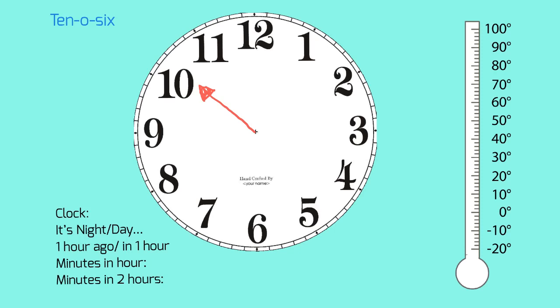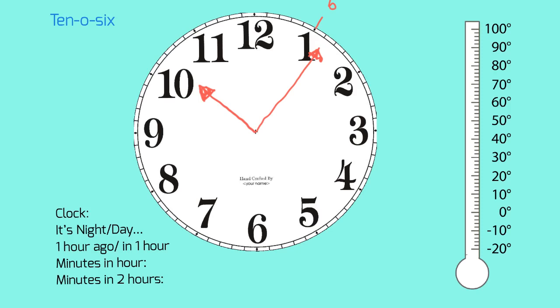And the 06, so it is 6 minutes after 10. So we know this point is 5, so our long hand should point to the 6. All right, our clock now shows 10:06.